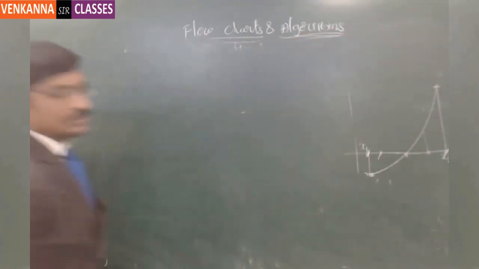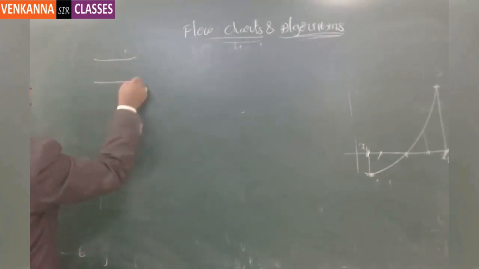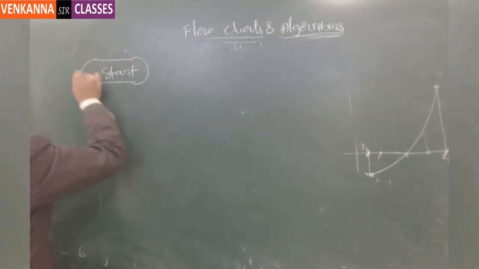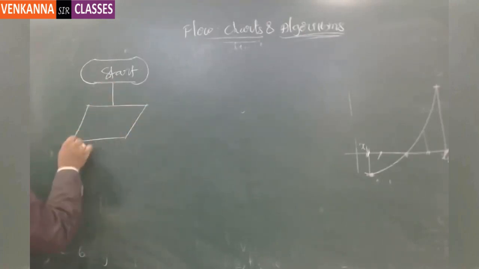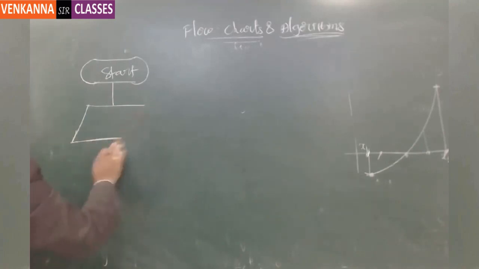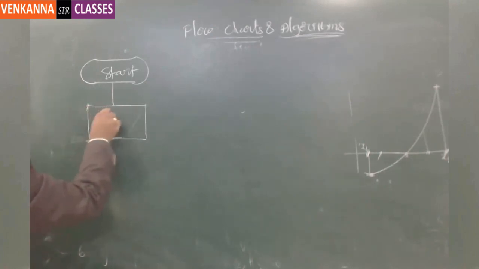In case of a flowchart, what we are going to do is, first we start the program. Now here, generate two random numbers.